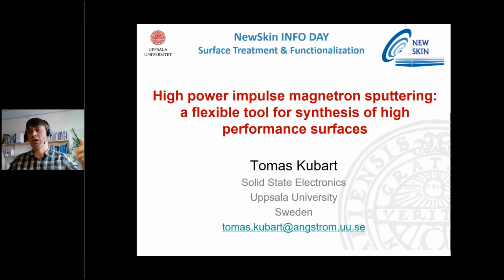So I will try to cover mostly the basics, explain what we are after and what we can do. And then hopefully if you have questions, I can answer them at the end of this presentation, or you can come back via email. And I am going to talk about a technique that's called high power impulse magnetron sputtering.